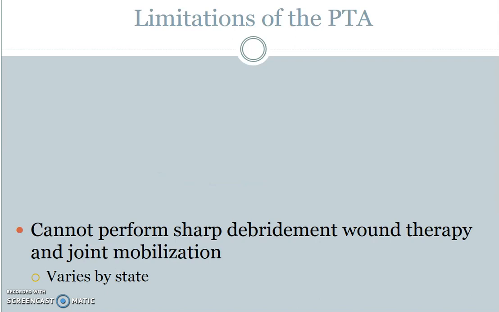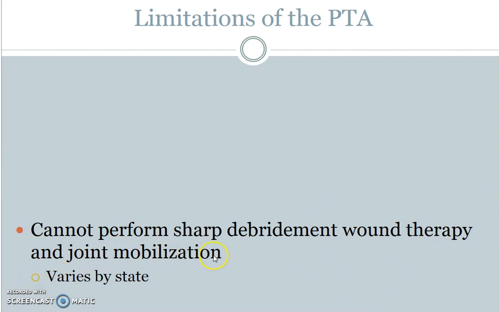In the state of Washington, PTAs cannot perform sharp debridement. They can use certain lavage things with water that help to clean wounds, but they can't use things like scalpels or tweezers on wounds.